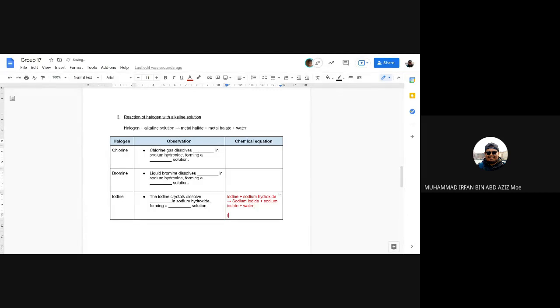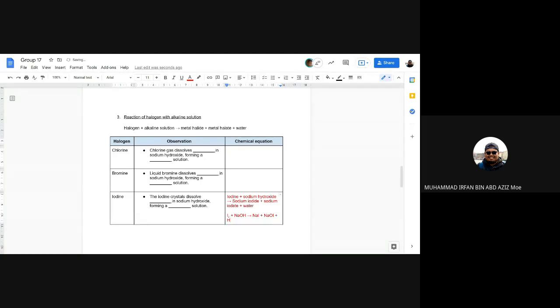Okay, therefore I2 plus with NaOH. We get sodium halide, and then sodium halide mean basically it just have oxygen lah. And H2O. You have to put state of matter nanti.